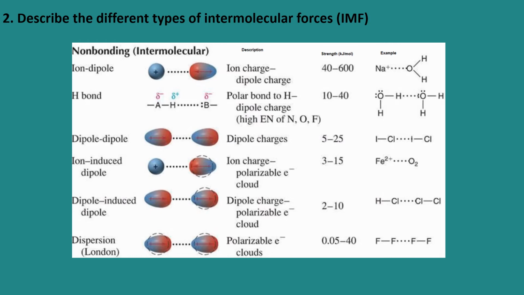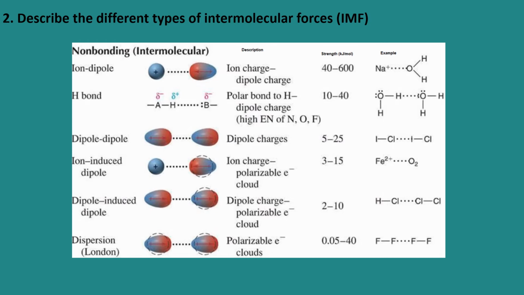Next is an ion-induced dipole. It usually exists between molecules with a polarizable electron cloud and an ion, or an ion with a charge. Remember, we have two types of ion. It can be positive ions or cations, or negative ions or anions. It takes about 3 to 15 kilojoules per mole to separate molecules with ion-induced dipole.